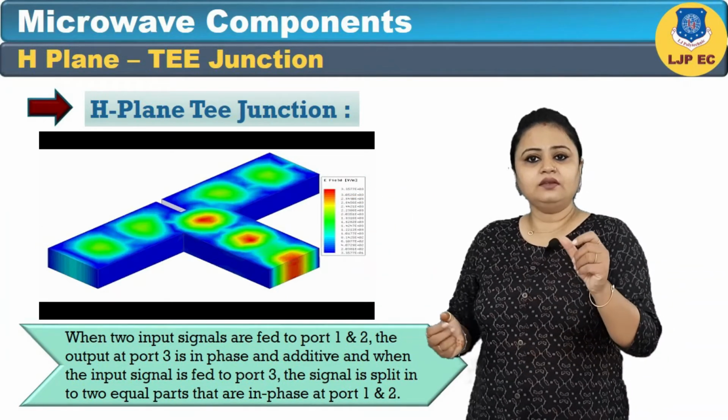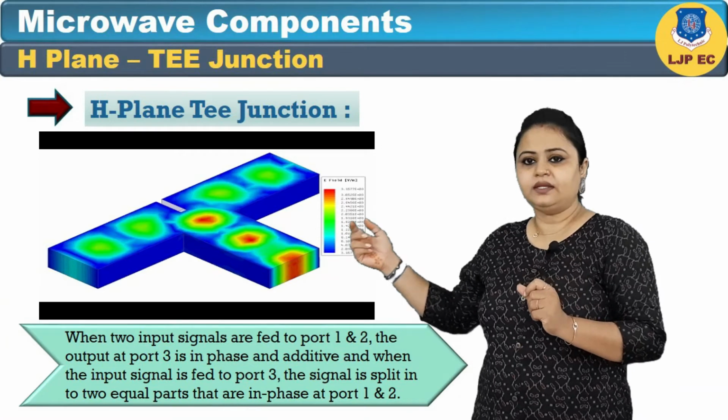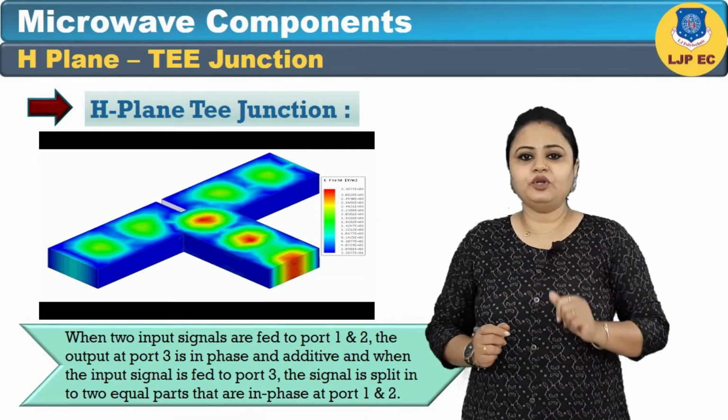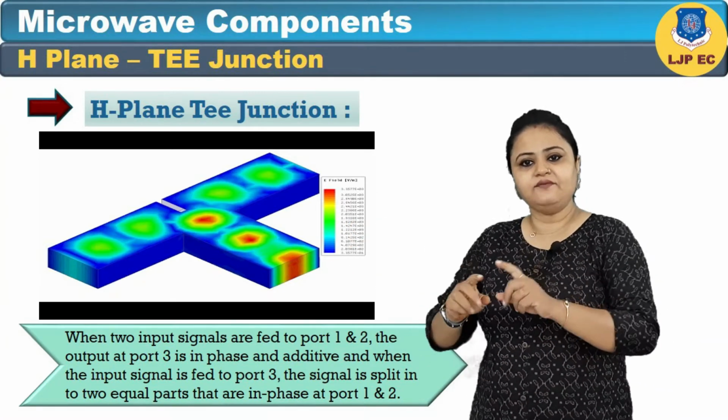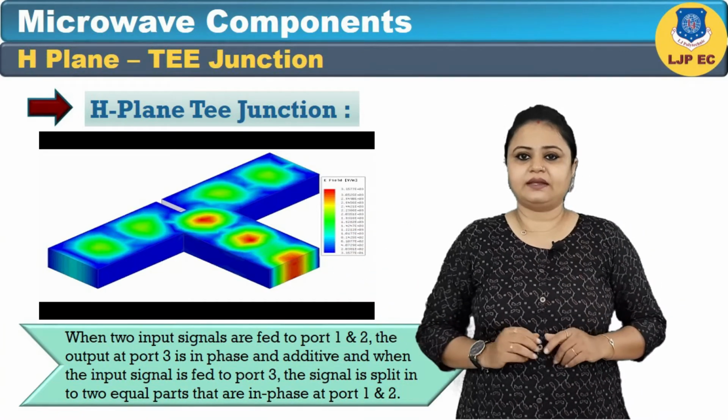Here, when 2 input signals are fed to port 1 and 2, the output at port 3 is in phase and additive. You can see the output from this diagram.